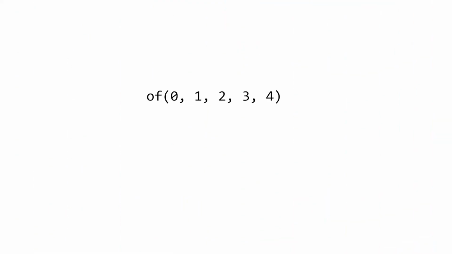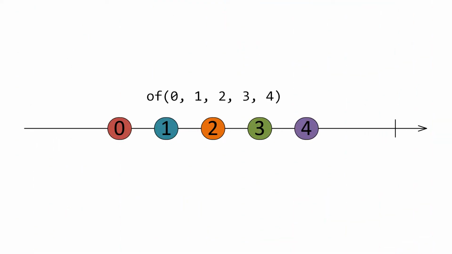But if we wanted to express that in terms of one of these marble diagrams, it would look like this. So you can see that we've got a line flowing from left to right representing the forward direction of time as the observable progresses. And then you can see we've got these marbles, which are where the diagrams get the name from, indicating each one of the values that the observable is going to emit.